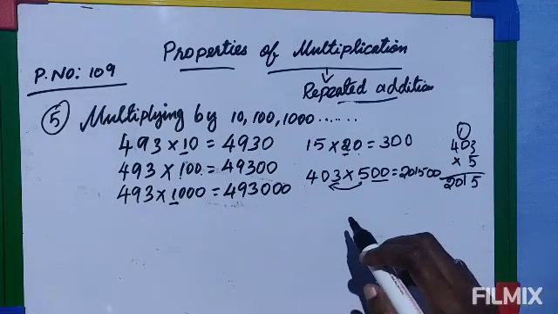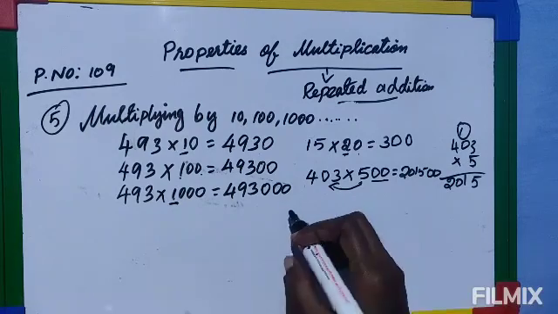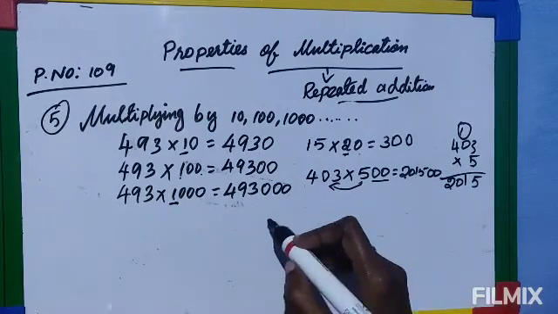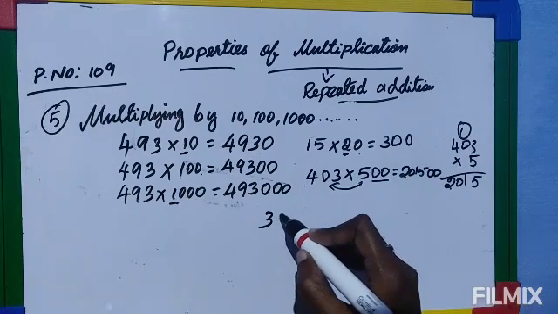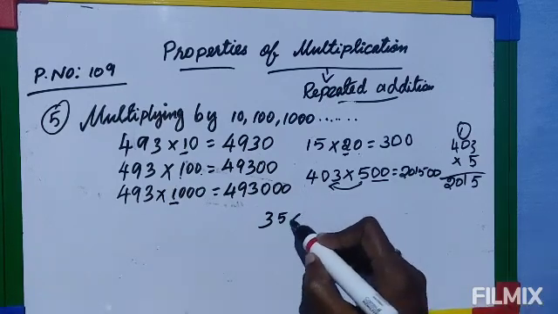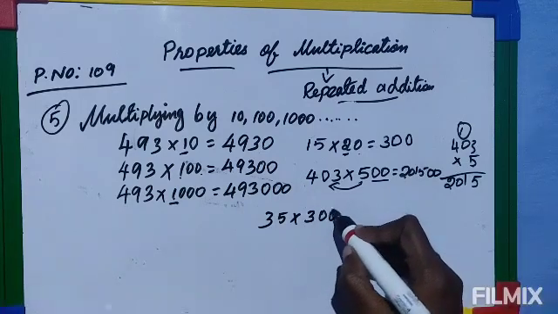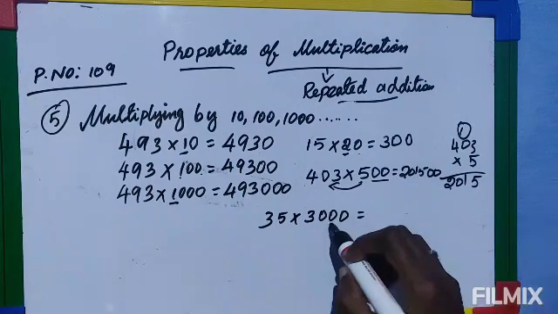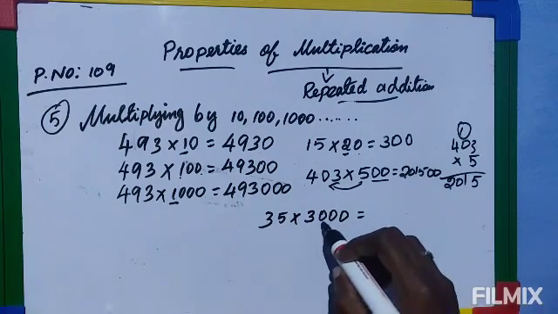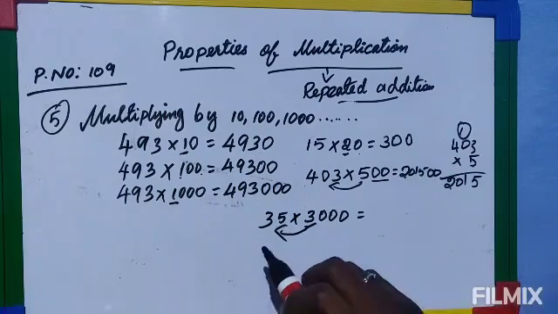Same way it goes for 1000, any number. For 1000, let me give an example. Suppose there is a number 35 and you have to multiply by 3000. Here I told you to ignore the zeros, just look at the number 3. You multiply this number by 3, 35 into 3.